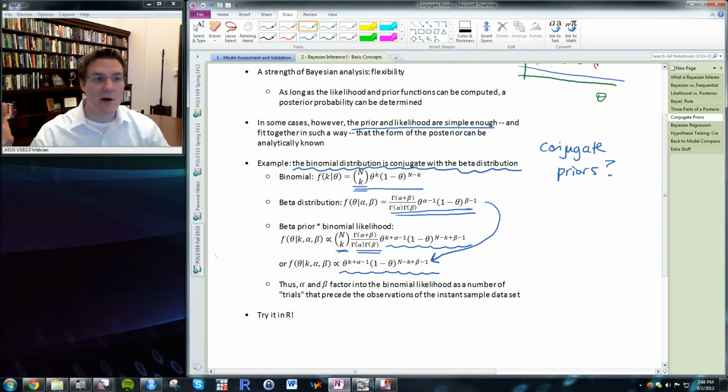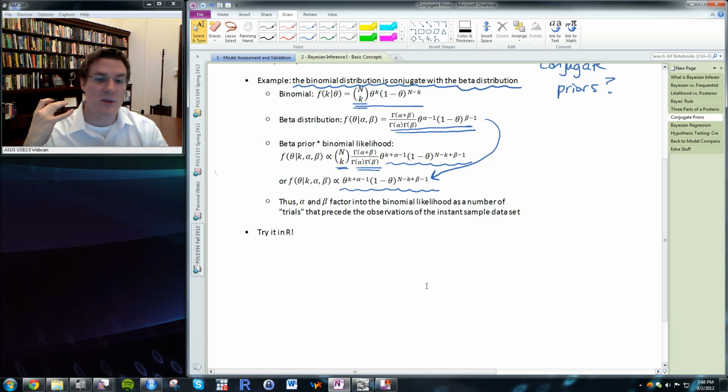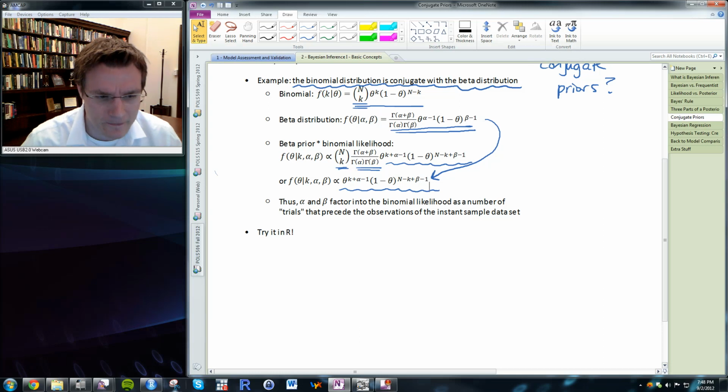In fact, alpha and beta in the beta distribution literally translate into numbers of trials that were observed to be successes and failures in some sort of prior experimental or other kind of observational context.